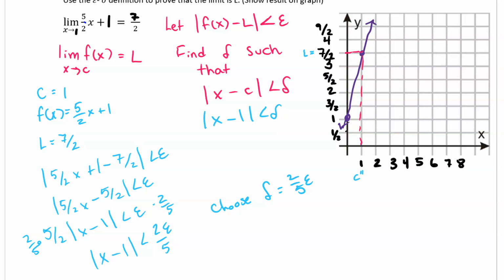And then what we're finding here is some expression for a distance away. So it would be like saying, we've got this distance here, and that corresponds to some vertical distance. So this right here would be c plus delta, or in our case, we just chose delta equal to 2/5 epsilon.